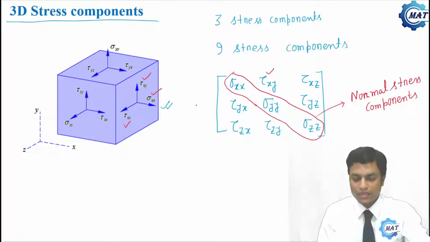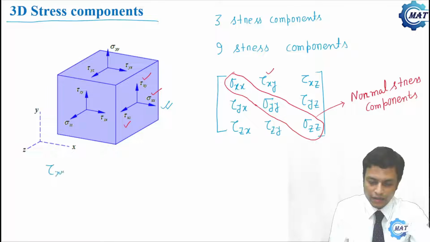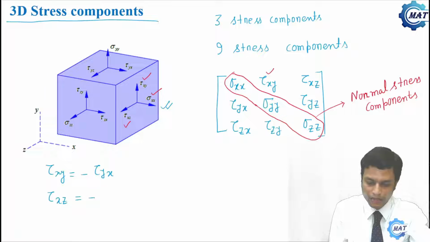Now we have just derived that complementary shear stresses are equal and opposite. That is, we can write tau xy is minus tau yx, tau xz is minus tau zx, and tau yz is minus tau zy.